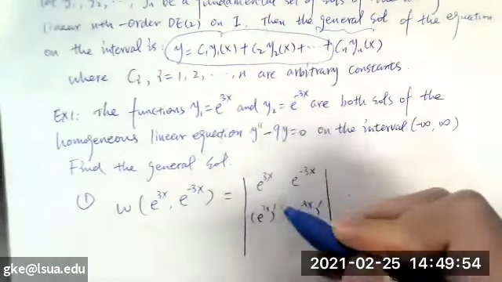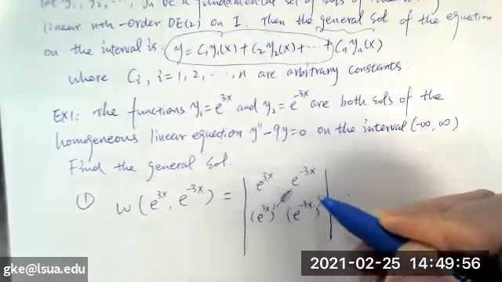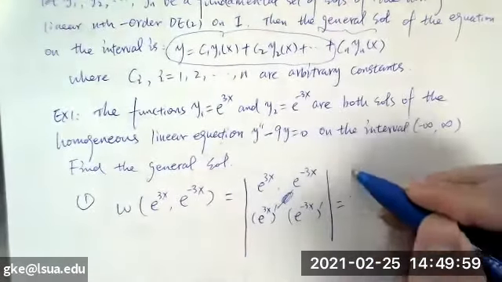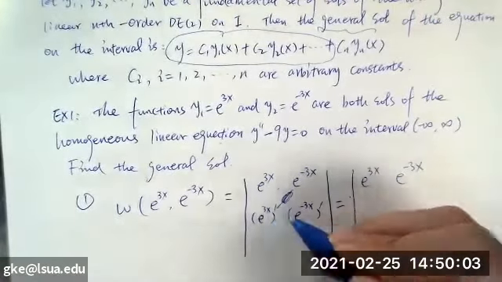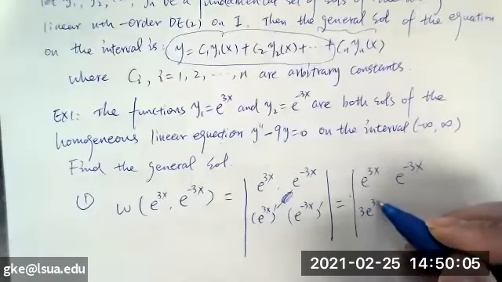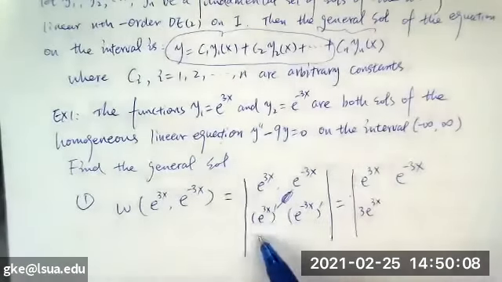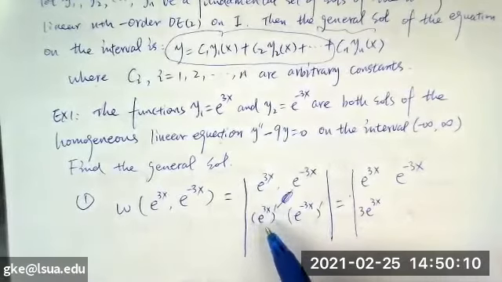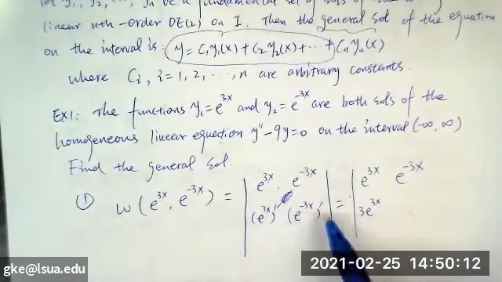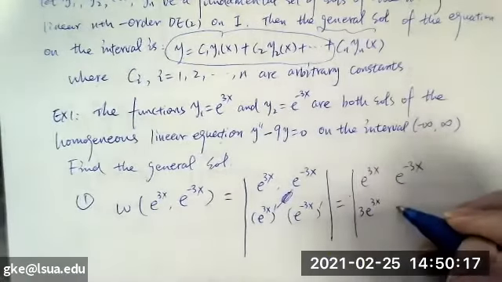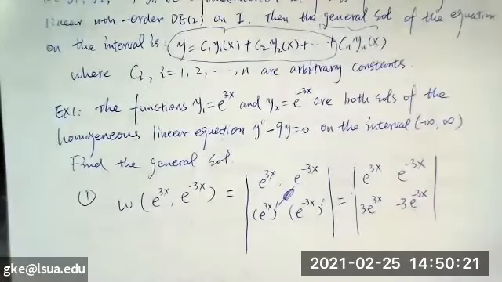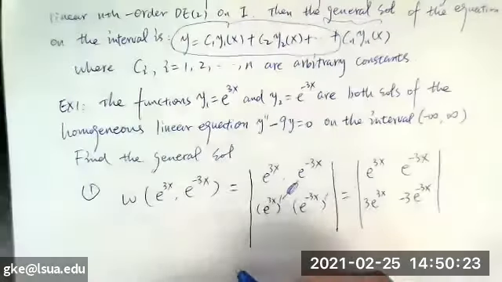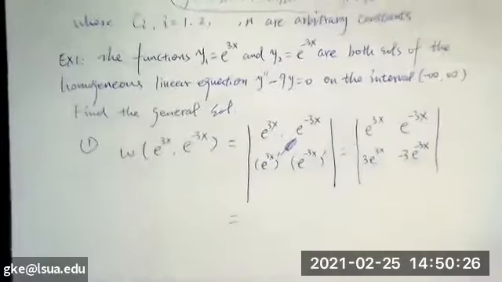So for this, we need to simplify first. The derivative of this function is going to be 3e^(3x), because we do the derivative for this composite function 3x, so the derivative of 3x is going to be 3. And this one will be -3. Then we calculate the determinant.